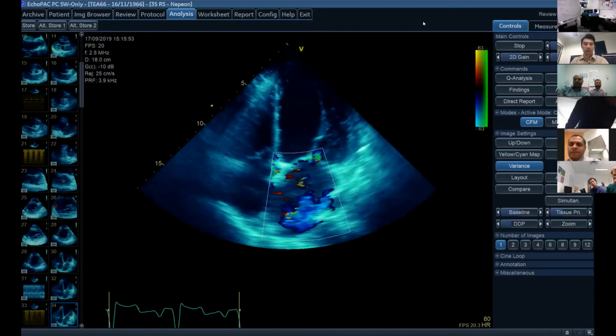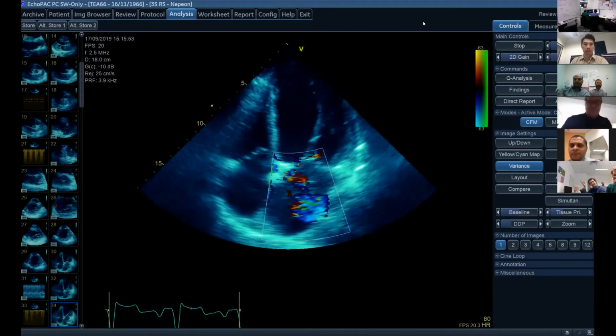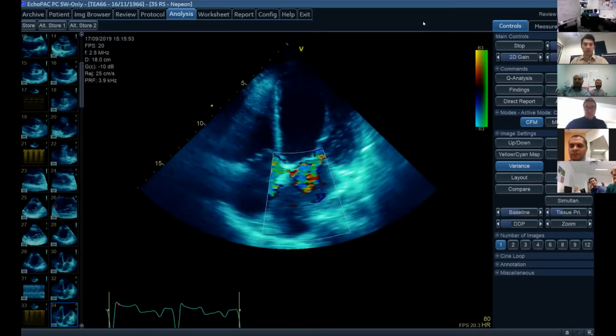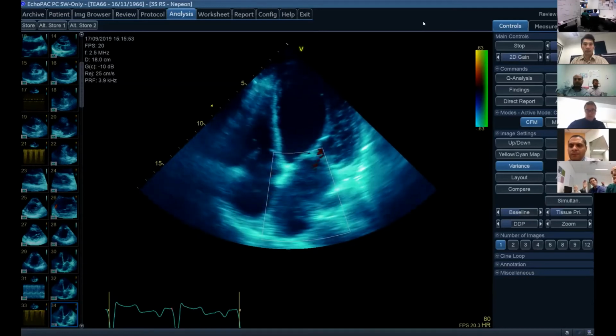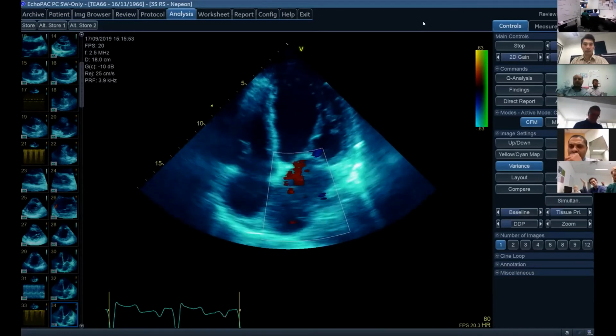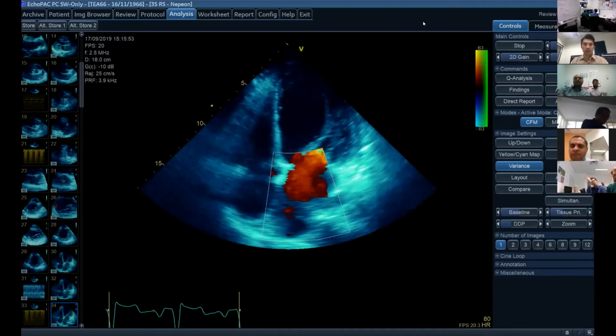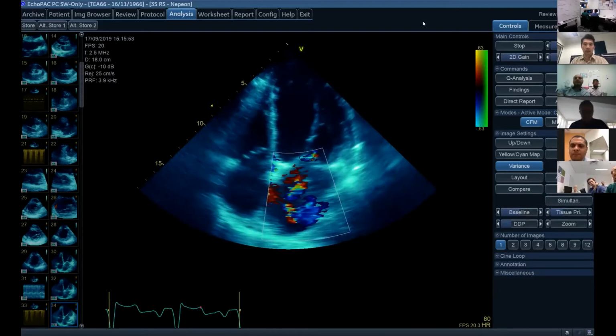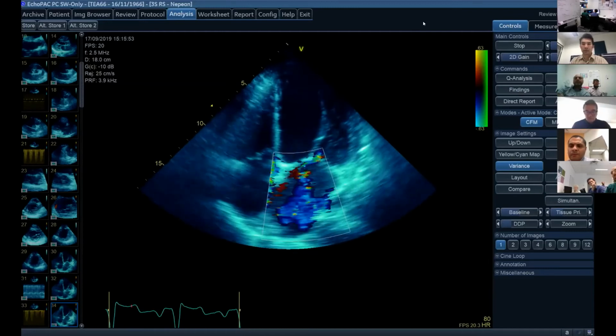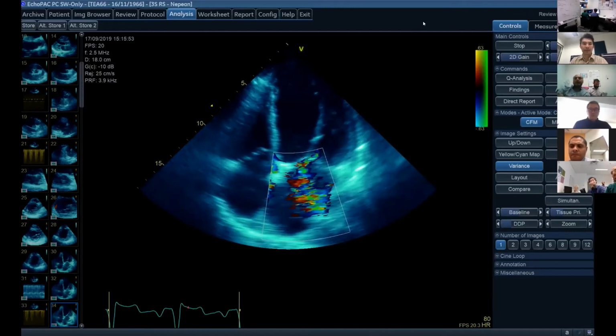What's different with the eccentrically directed jet is that something causes the jet to stick to the wall. Does anyone know what that effect's called? Yeah, beautiful, the Coanda effect.